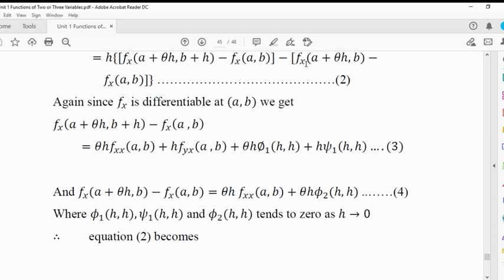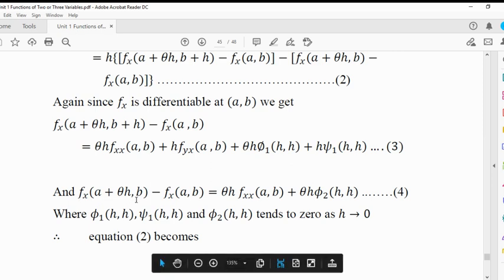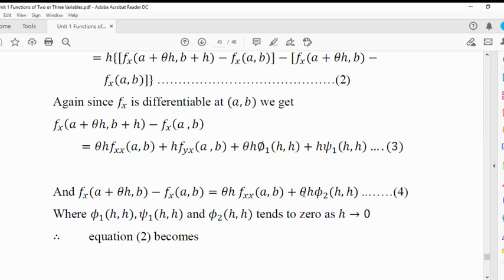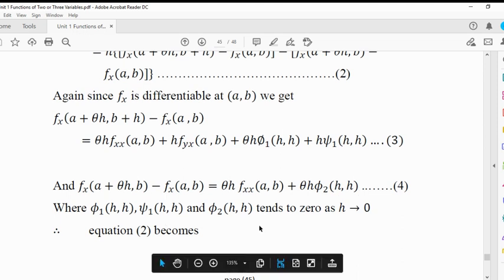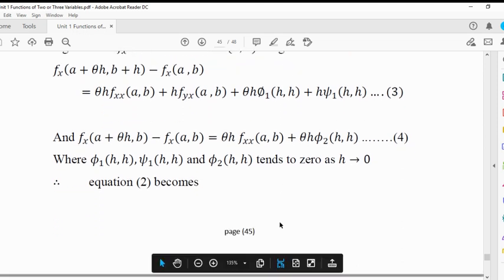Again, fx is differentiable, so fx of (a plus theta h, b) minus fx(a, b) is equal to theta h fxx(a, b) plus theta h phi 2 of (h, h), where phi 2 is again a function tending to 0 as h tends to 0.